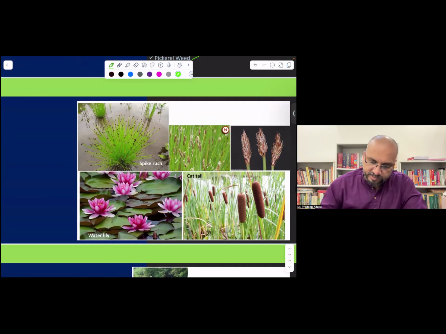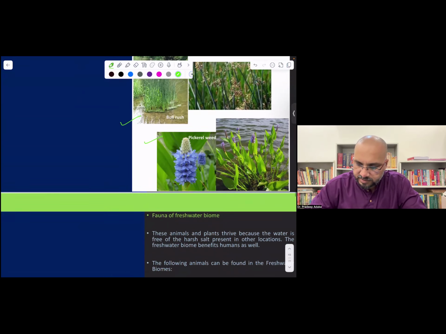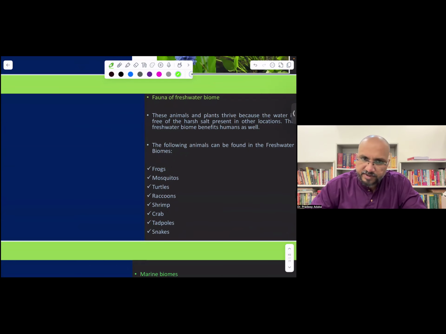So you have spike rush. Okay. And then you have water lily. Okay. You have cattail. Then you have bulrush, pickerel weed. So these are some of the aquatic plants or the plants that live in the freshwater biome.